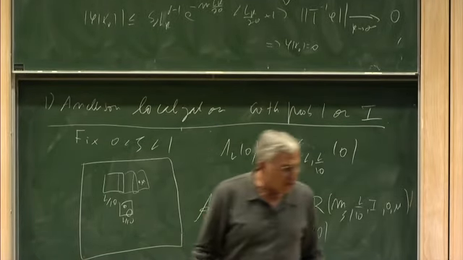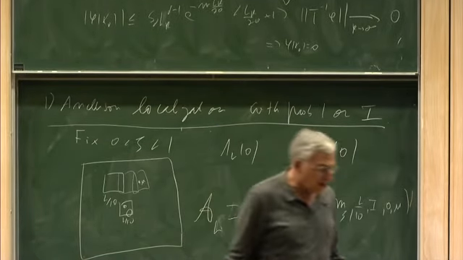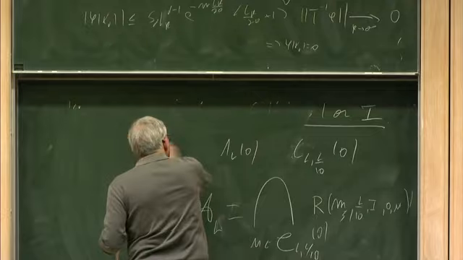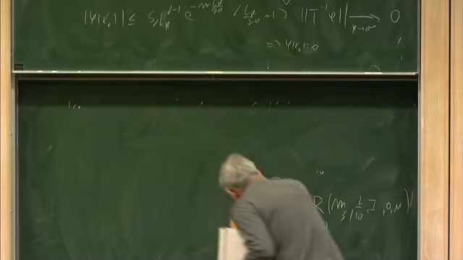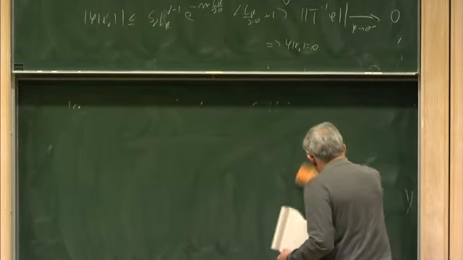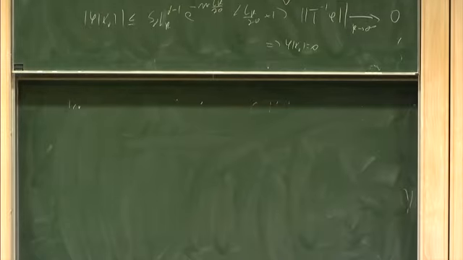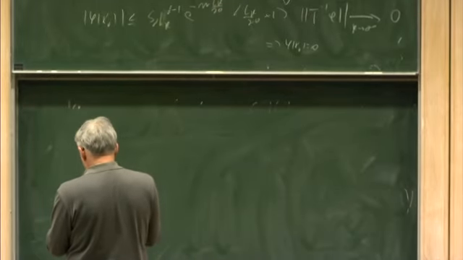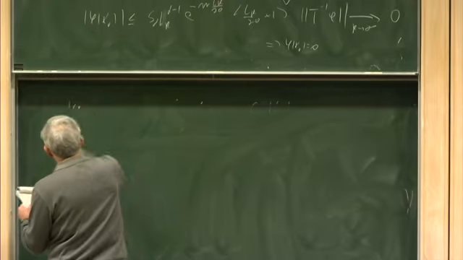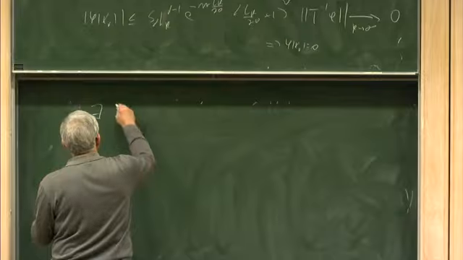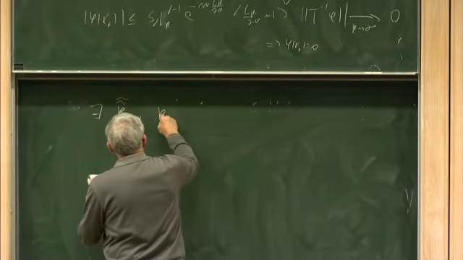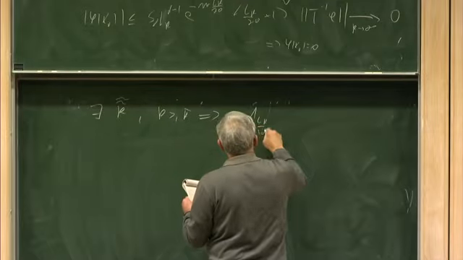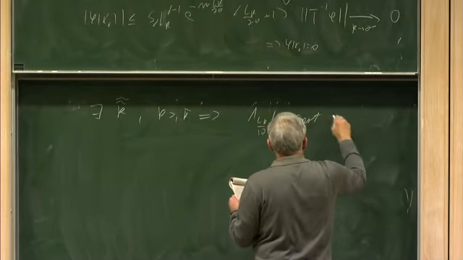If this is not regular, I know, okay, so what I conclude is that there exists k tilde depending on everything, such that for k bigger than k tilde, we have that this box is not M-irregular.